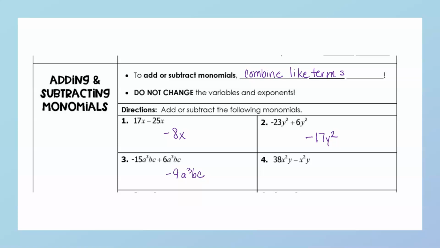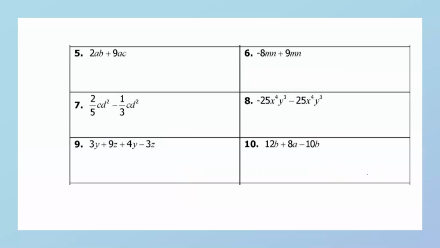Number 4, 38x squared y minus 1x squared y is 37x squared y. Number 5, 2ab plus 9ac, those are not like terms, so this is as simplified as we can get. 6, negative 8mn plus 9mn just leaves me 1mn.